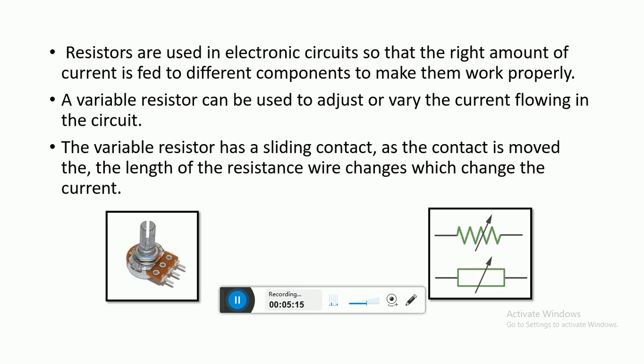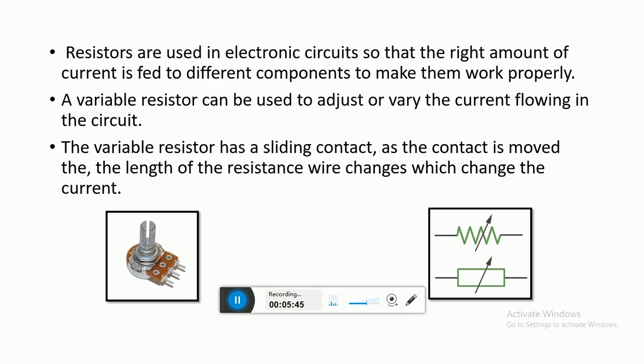So definitely, in the charger there are different resistors and different circuits which control the flow of current and provide the accurate amount of current to that circuit. That's why they are used to control the flow of current.